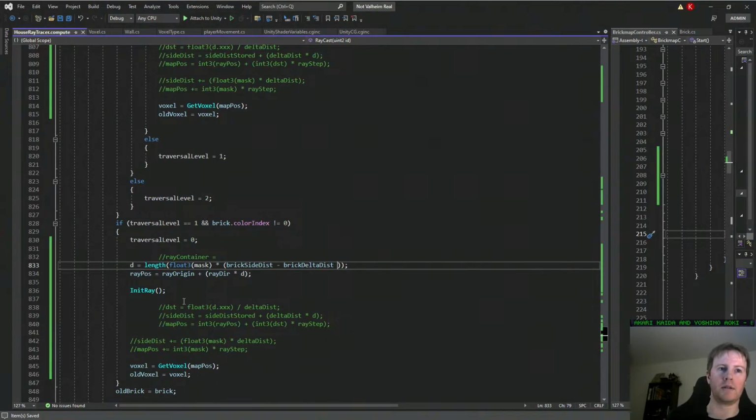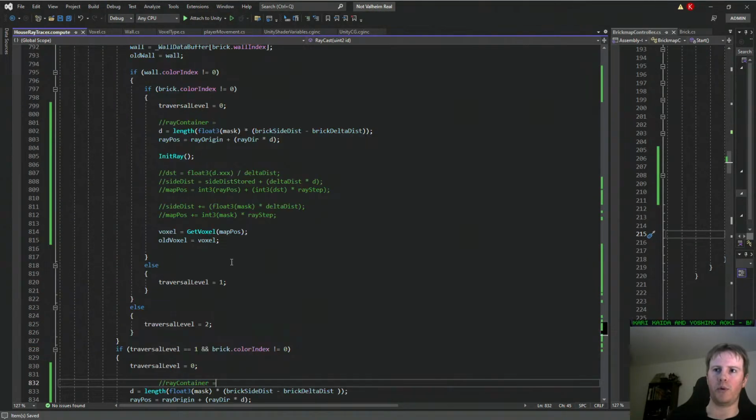See, what's happening is that we recreate the ray, but the ray is recreated one step back in whatever space we were traveling in. That means the brick is one step back, the house is one step back.